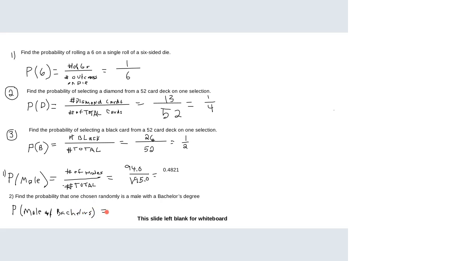So it's still going to deal with the total at the bottom. And up here, though, it's just going to have the difference going to be number men or male with bachelors.